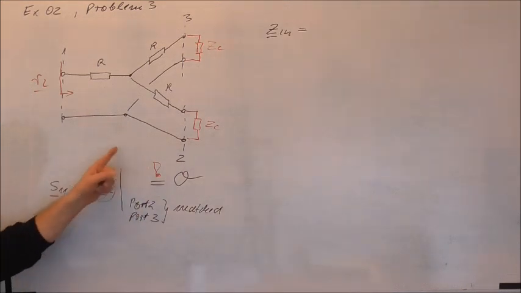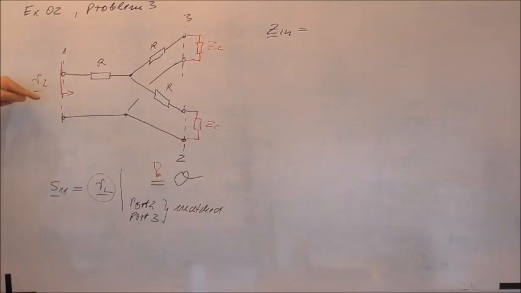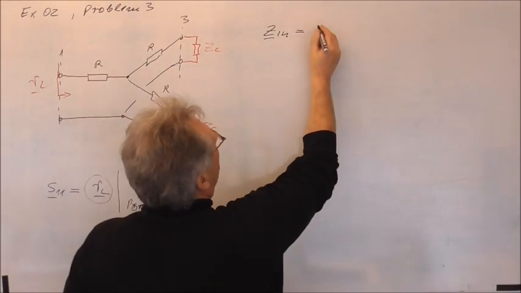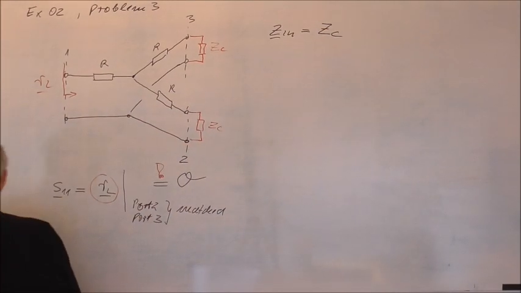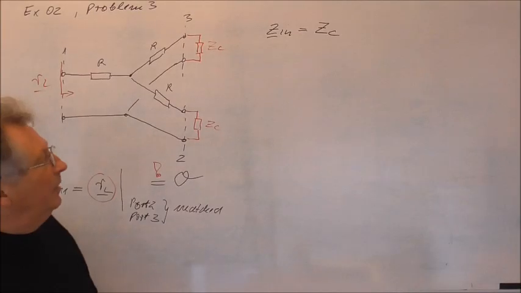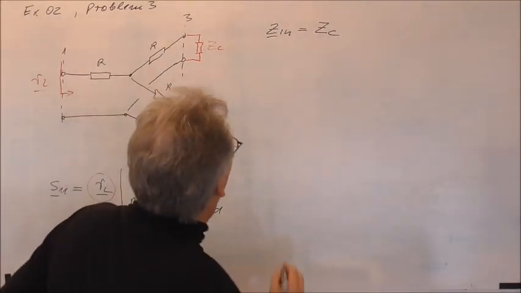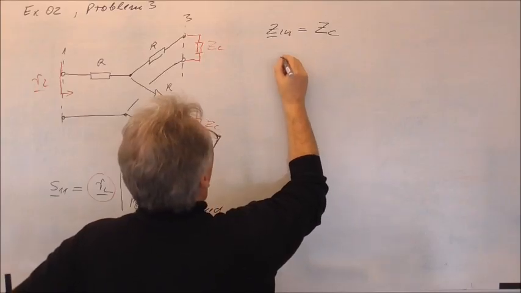Of course, if we don't want to have any reflection in the input here, I must see into this circuit also ZC. I must see the characteristic impedance into this circuit. But now we can, in principle, draw or sketch an equivalent circuit.